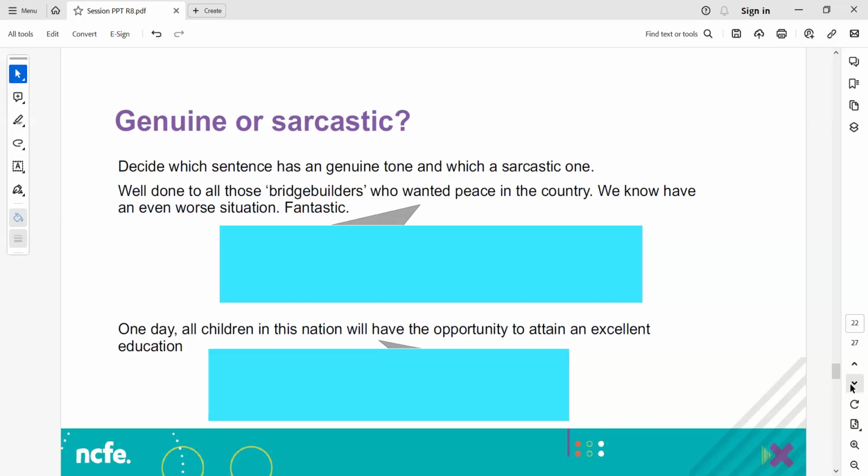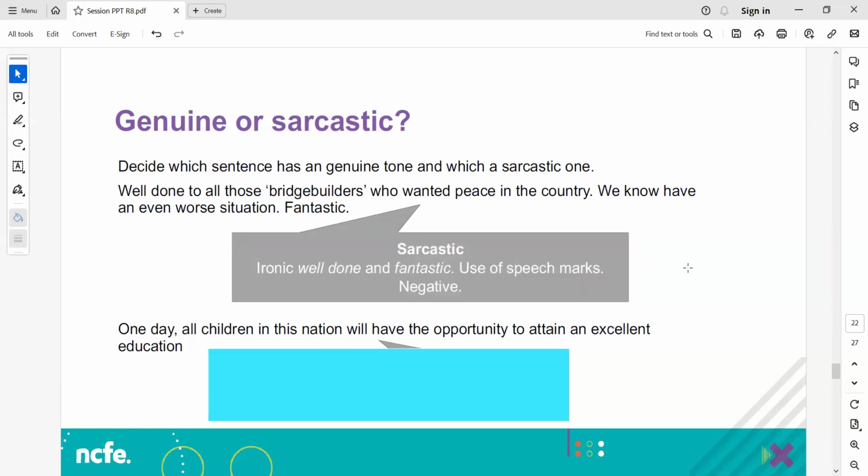They put it in inverted commas to show they don't believe that description. So that one's sarcastic. The ironic well done, they don't really mean it. They say well done, but then they say these people have made the situation worse.